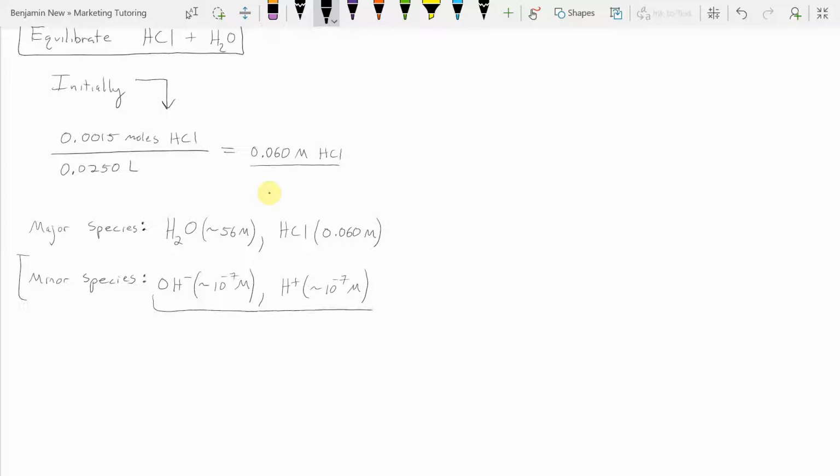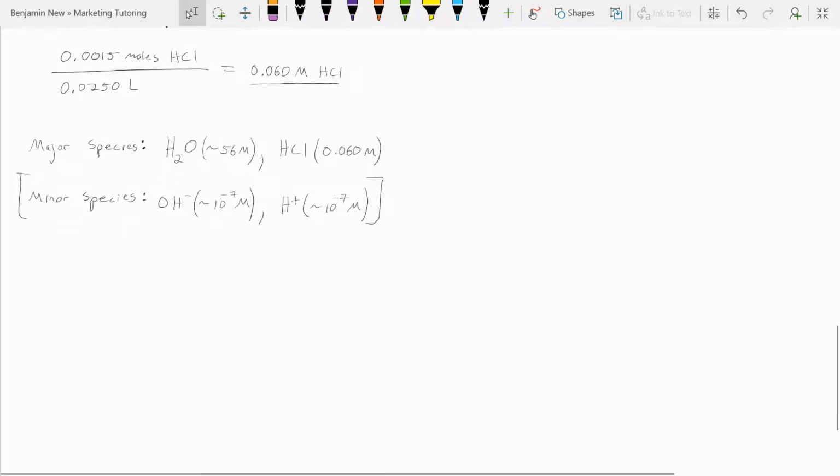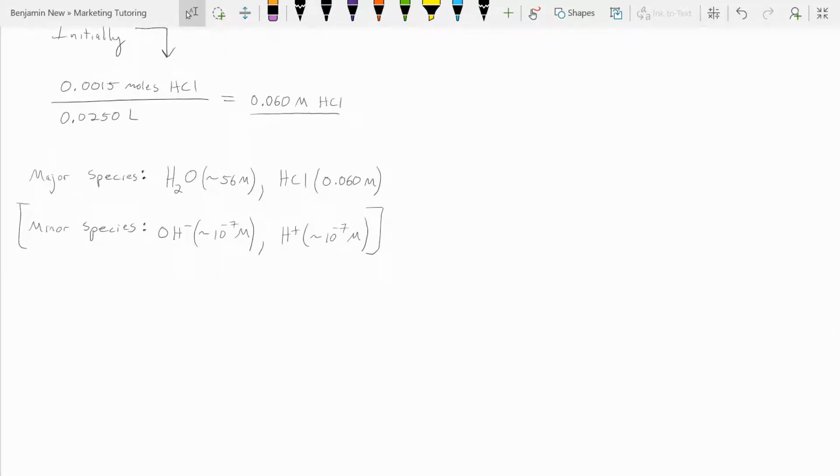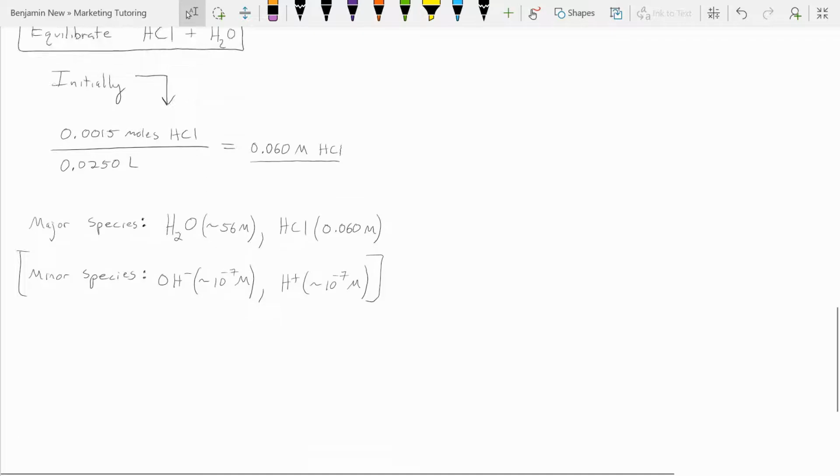So this just comes from pure water of 56 molar. When it equilibrates with itself, it's going to split apart into H plus and OH minus, but only to an extremely small extent. Those, compared to these other concentrations, are basically like, you have $1 billion, and I'm going to take away or give you $1, and your most reasonable answer will be, I don't care that much. So that's basically what we're doing here. We're just going to consider those to be roughly 0 compared to the other ones. All right.